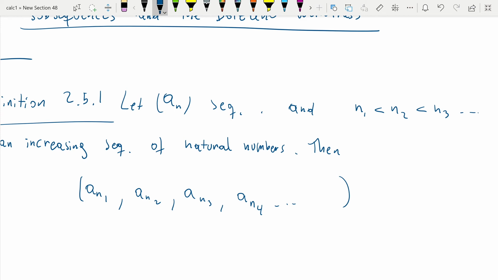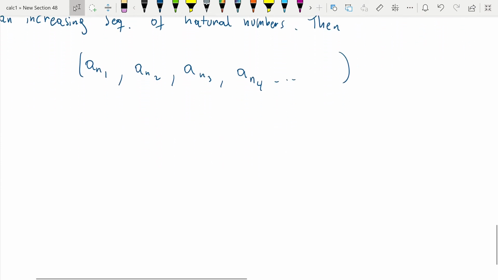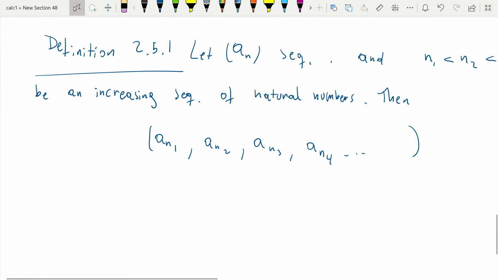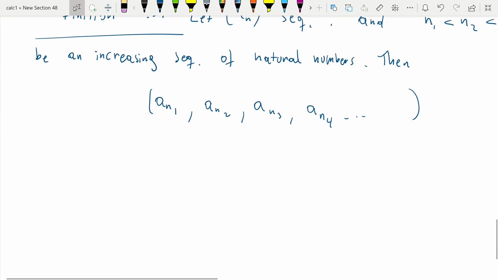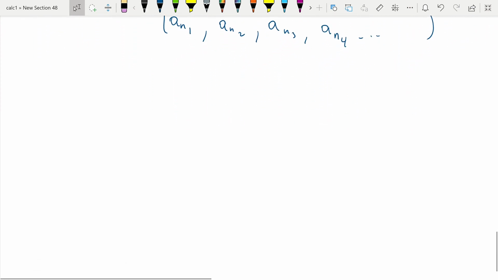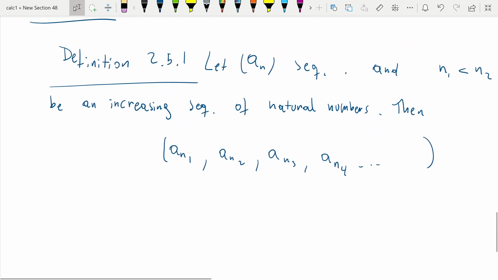This is the same thing as saying that you have an injective function from N to N, the set of natural numbers, that is strictly increasing, and then a sequence can be made as a sub phi of n, where phi is the injective one-to-one function from the natural numbers to the natural numbers. So you can identify them both.